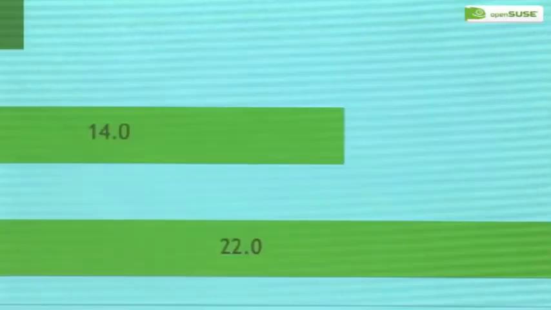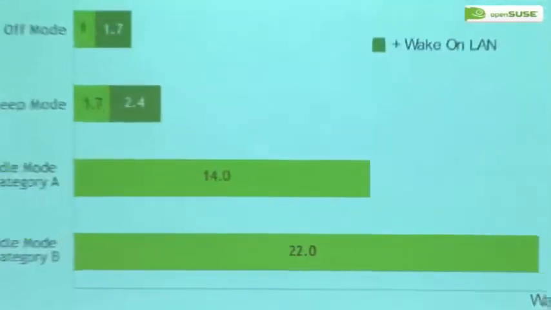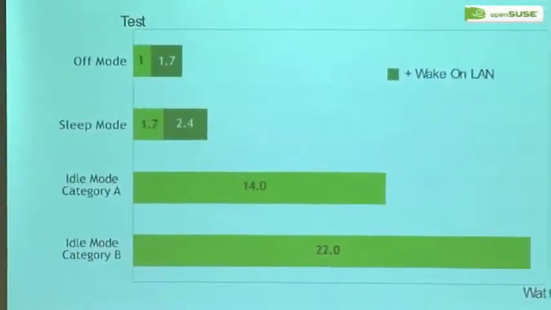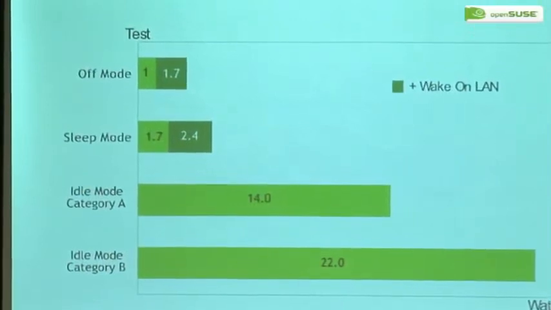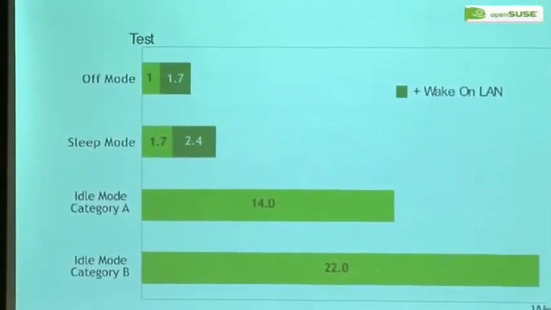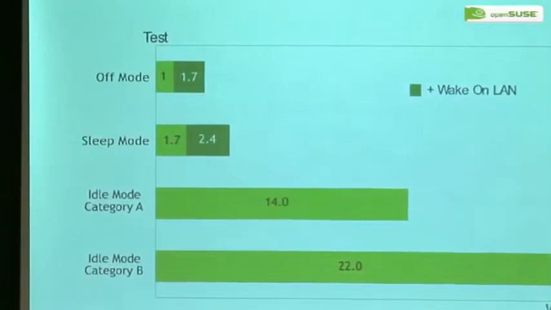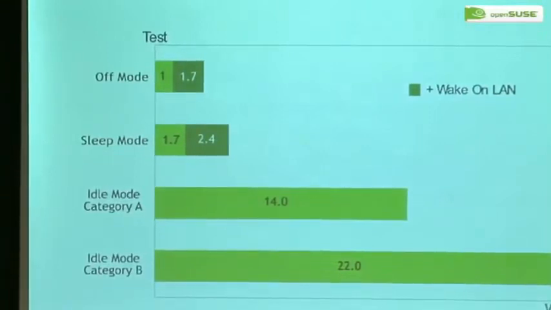Of course, there are some consumption limits for the different modes. On the left side you see the modes. The idle mode is split up into the two categories, and on the bottom you have a scale of watts from about 0 to 25 or something. For off mode, a system must not consume more than 1 watt, and with Wake on LAN enabled, it must not exceed the limit of 1.7 watts.